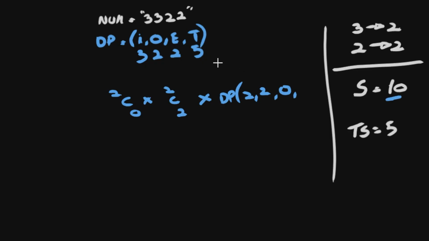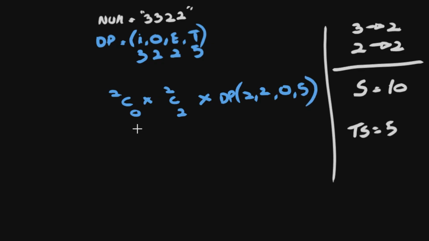So we are only considering that our target is for the odd indices. So in this case, we need to subtract from here the digits we used for the odd indices times the current index. So in this case, 0 times 3 is 0, and 5 minus 0 is 5.